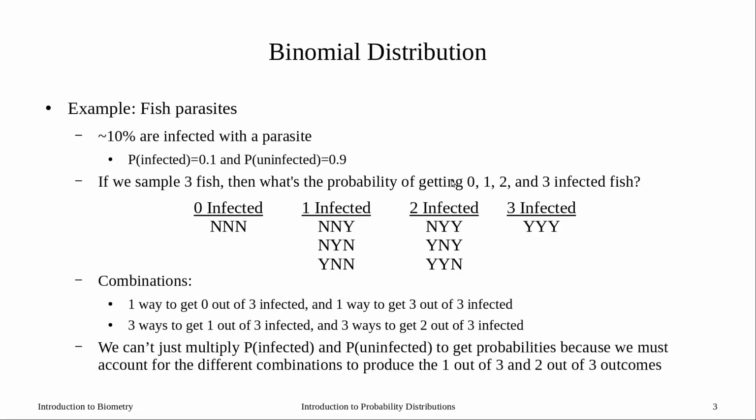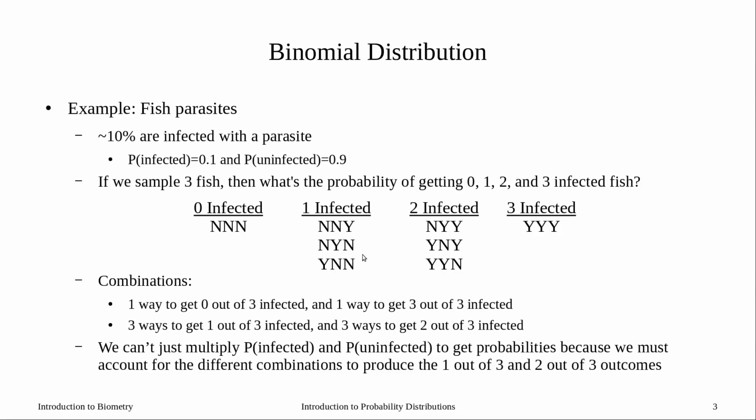If we have 1 or 2 infected fish, then when we look at our fish, we can have, for example, the first fish that's uninfected, second fish that's uninfected, third fish that's infected. Or we can have the first fish that's uninfected and the last fish that's uninfected, and that means the second fish is infected. Or the very first fish could be infected and the last 2 can be uninfected.